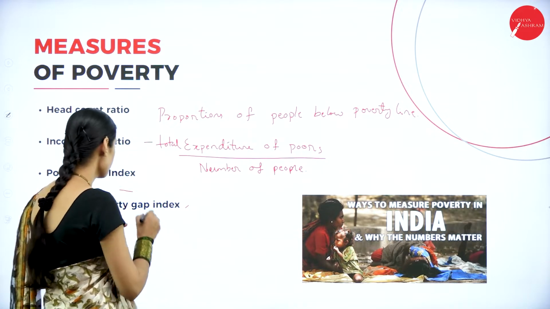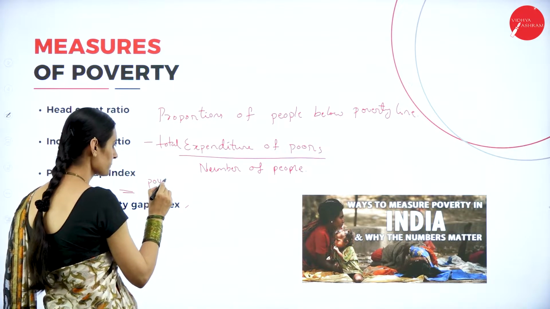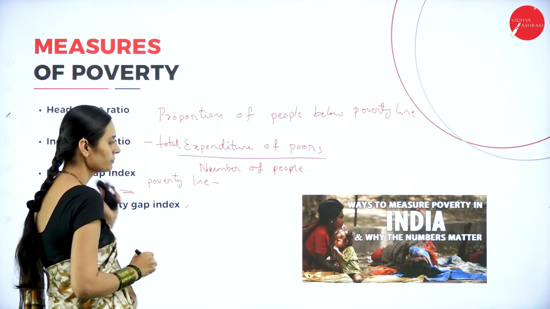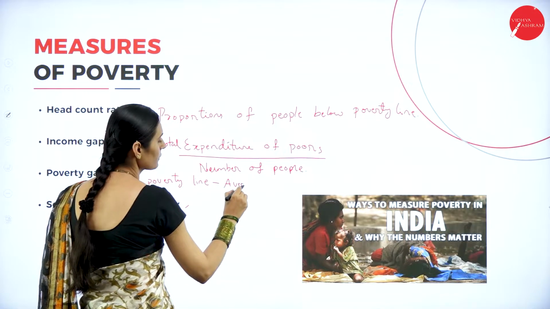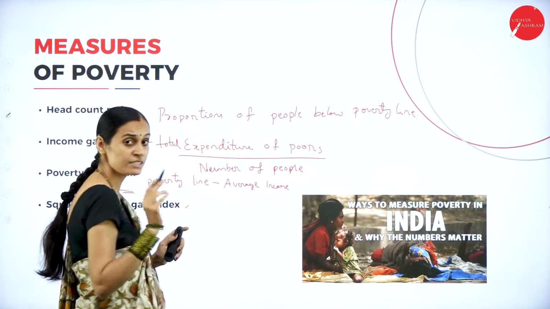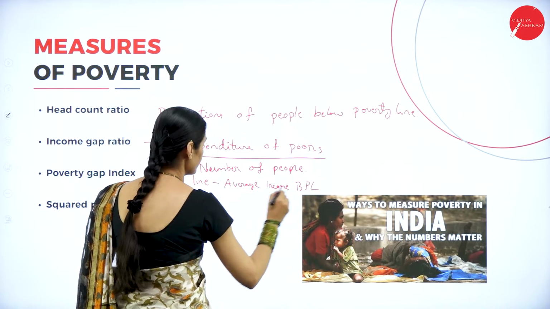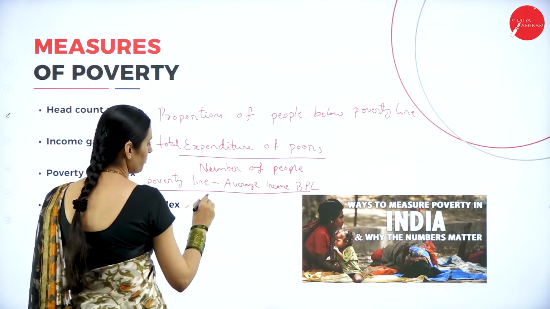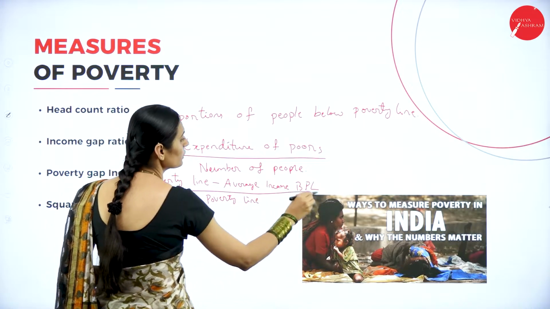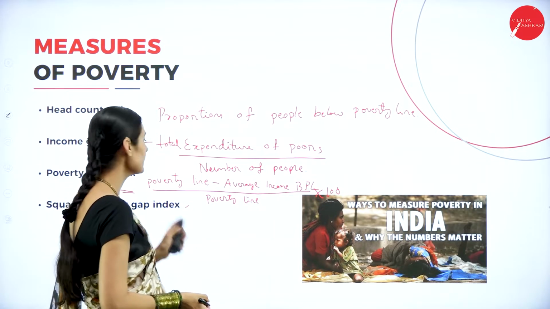Poverty gap index equals poverty line minus average income of households who are below the poverty line, divided by the poverty line, into 100. So this is considered the poverty gap index.